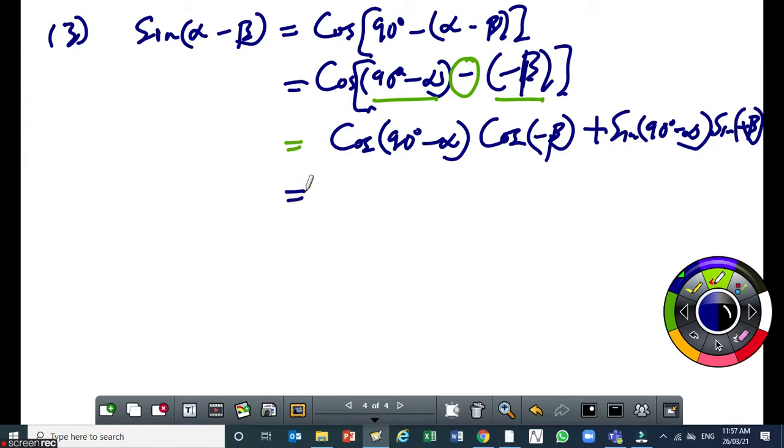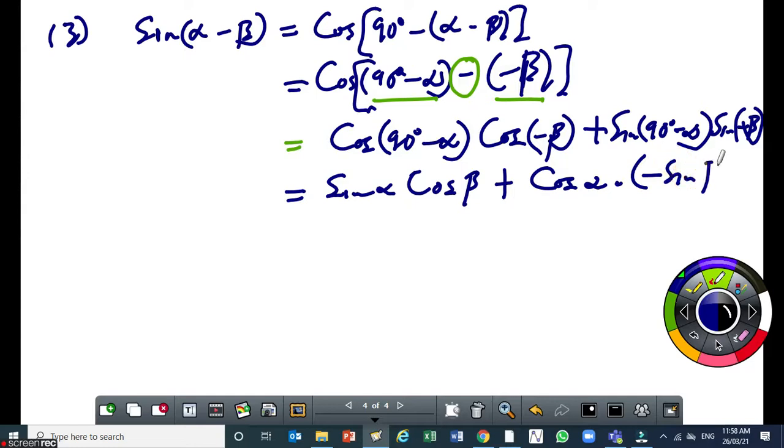This will be equal to sine alpha. Okay, this is sine minus beta. So this becomes sine alpha. Cos minus beta, we said it's equal to cos beta, right? Plus sine 90 minus alpha is equal to cos alpha. Sine minus beta is going to give me minus sine beta.